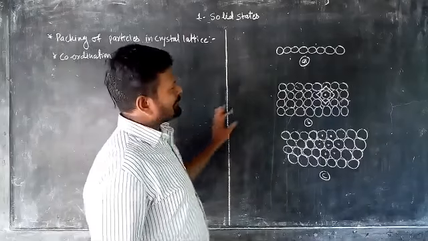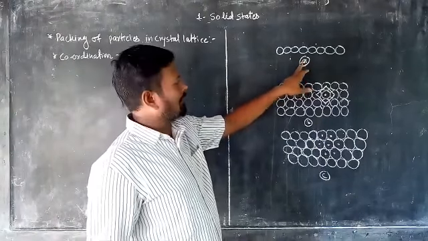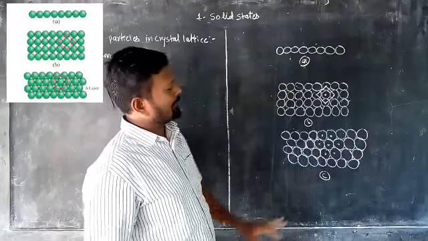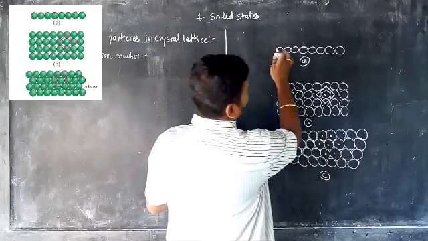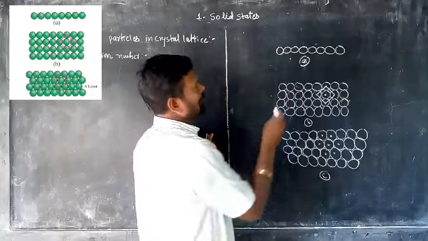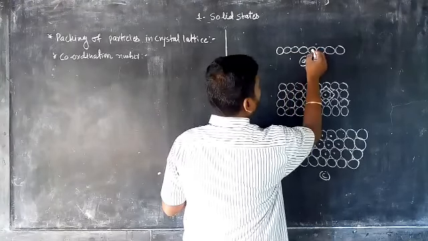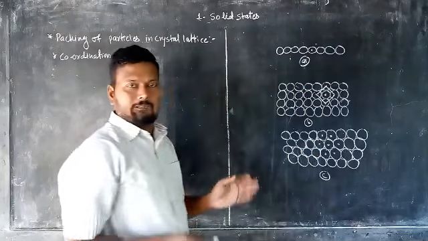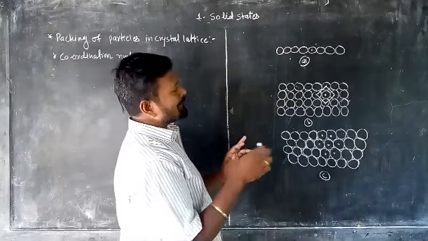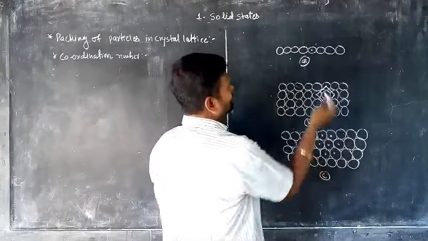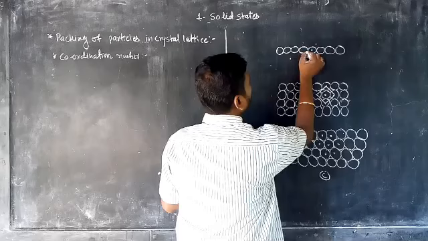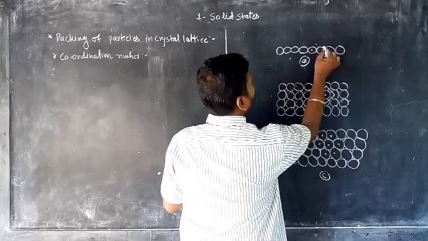Looking here, there are 3 structures A, B and C. There is a linear structure. In that one I have considered a lattice point. To that lattice point, how many spheres are attached adjacent? This is one sphere and this is another sphere.